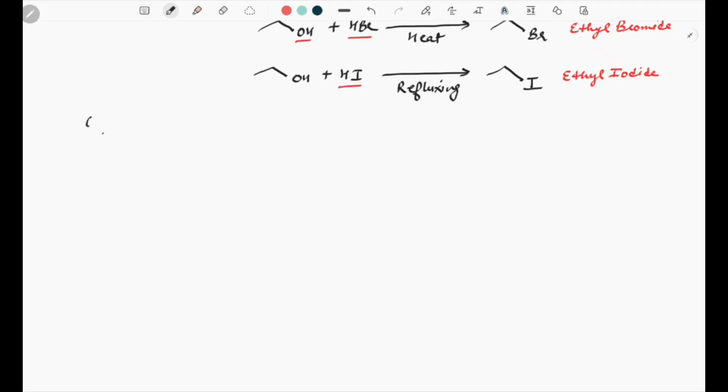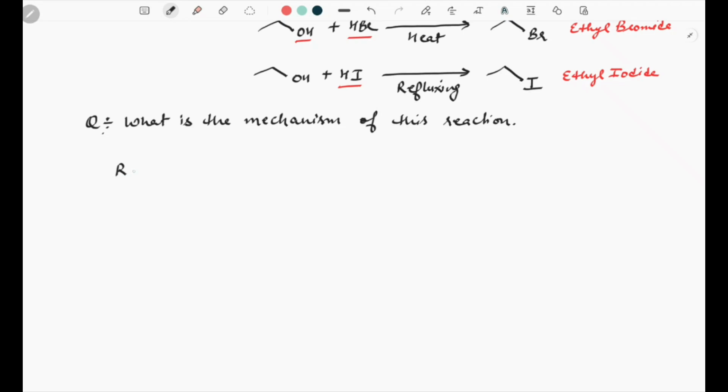Now the question arises, what is the mechanism of this reaction? Actually, the mechanism is quite simple.